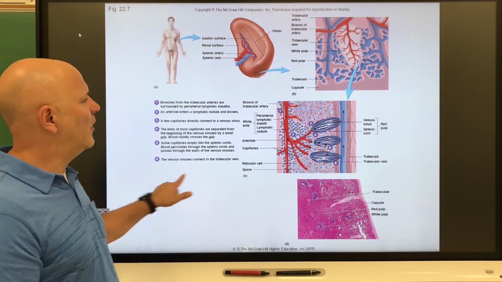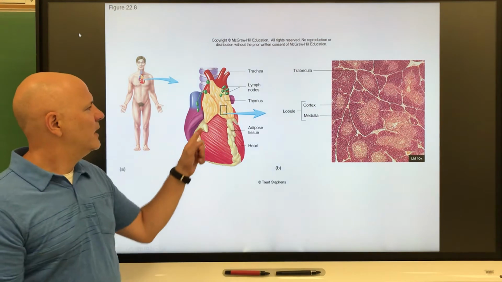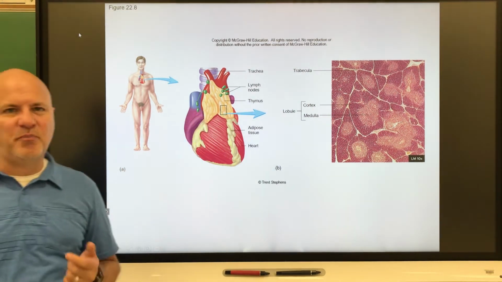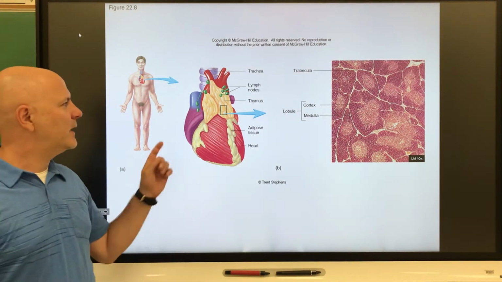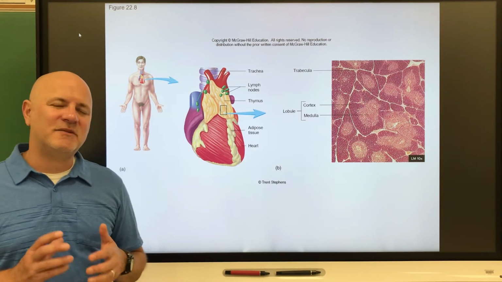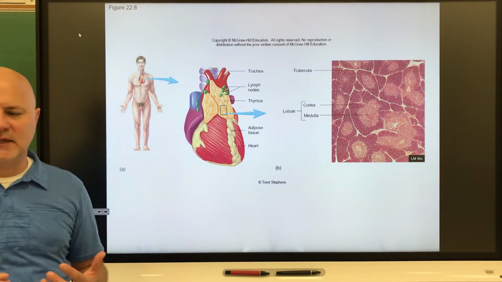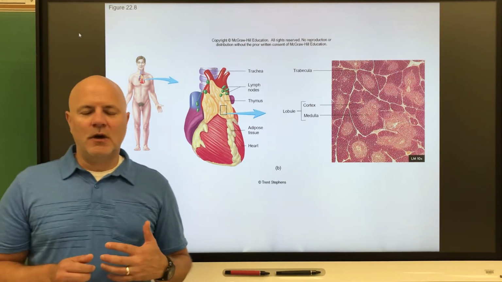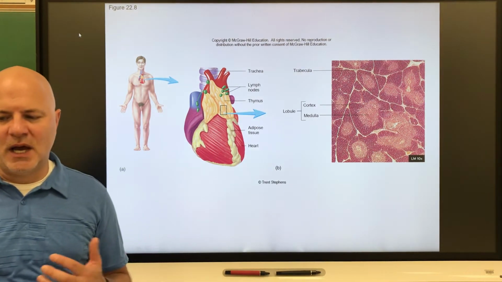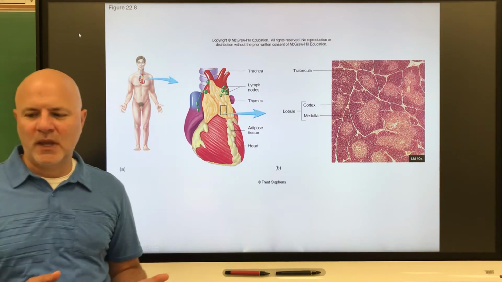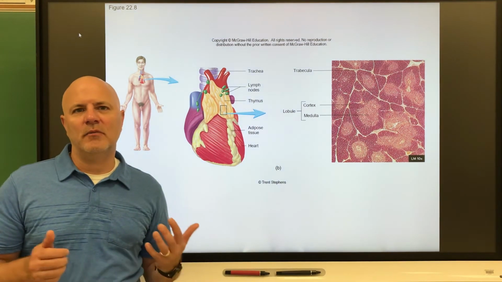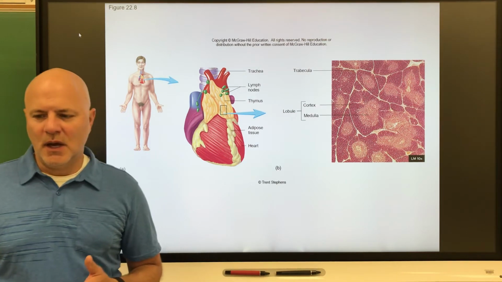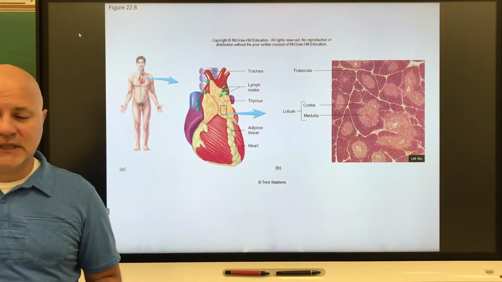All right, moving on to the thymus. So here's the thymus. It's a bilobed structure that's found above the heart. The thymus makes specific types of lymphocytes called T lymphocytes. The thymus gland secretes thymosin and thymopoietin, and these cause undifferentiated lymphocytes to become T lymphocytes.